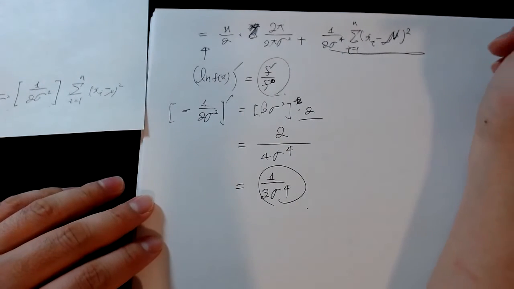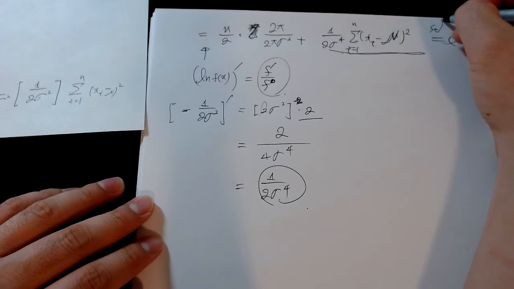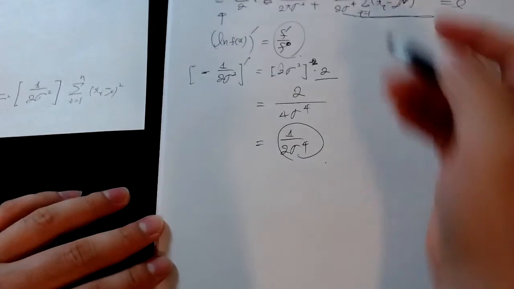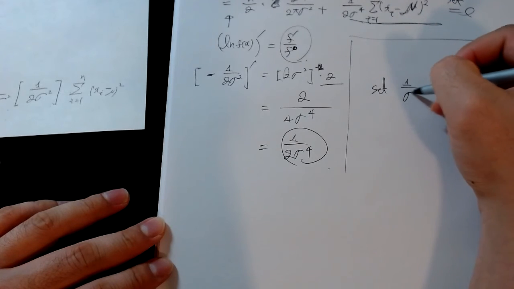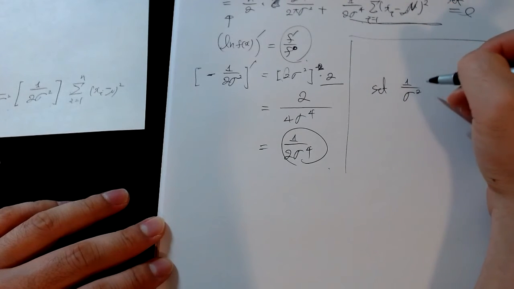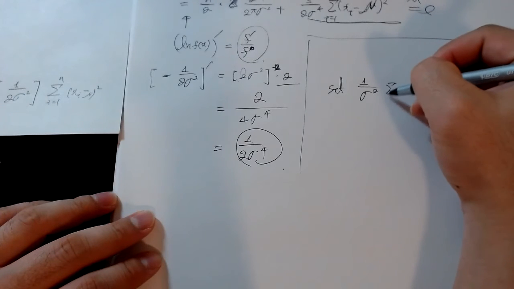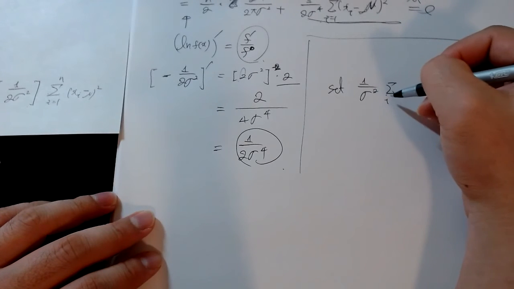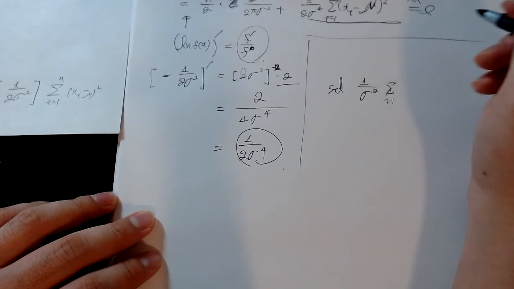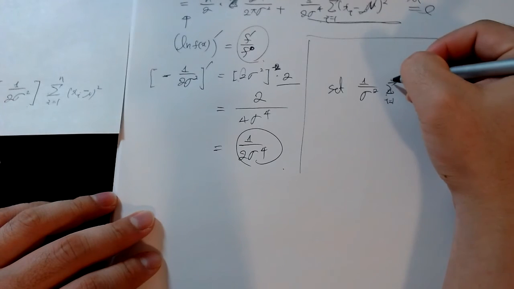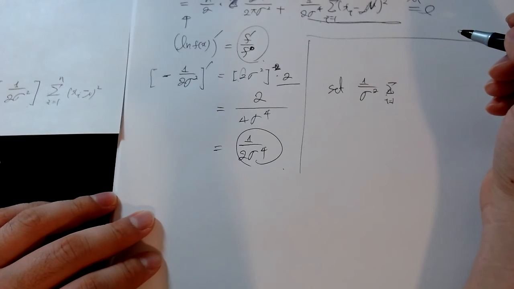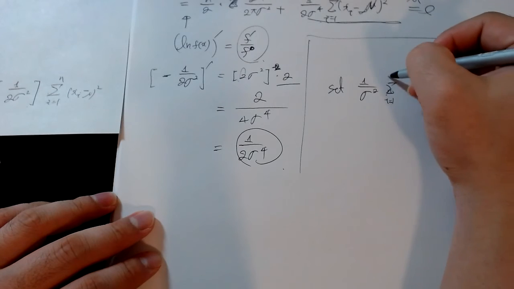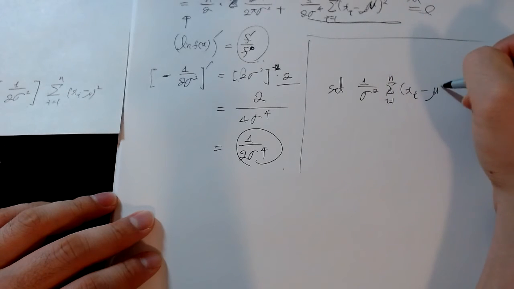So now we set this one equal to 0. We have 1 over sigma square, the sum from i equals 1 to n of (xi minus mu) equals 0.